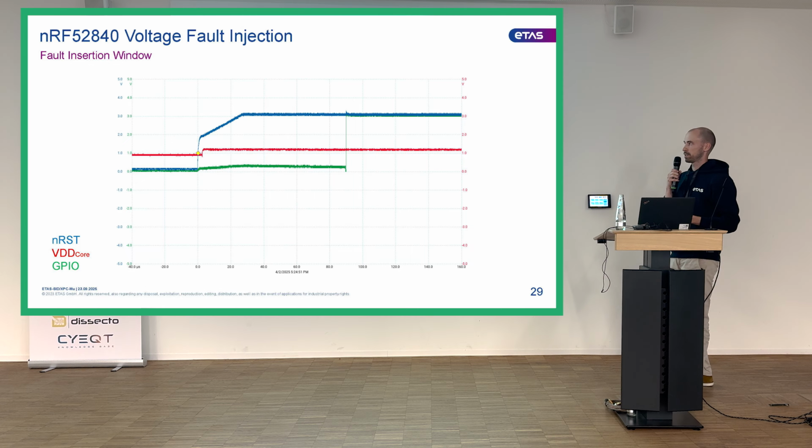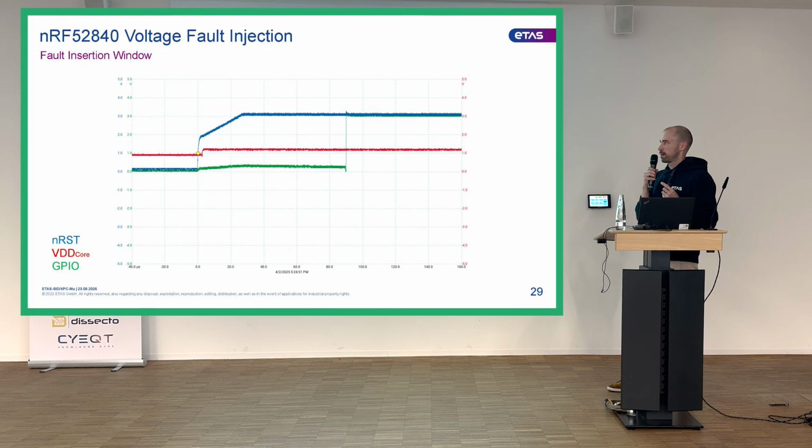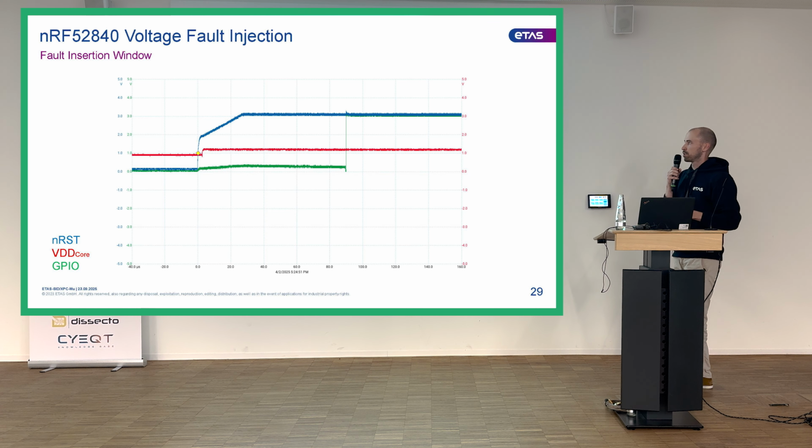And now what we want to do is pull the voltage that powers the core low to ground for a very short amount of time to manipulate this decision process by the device. So we have to find the specific point in time where it makes the decision to lock or unlock, and then pull the voltage low to try and convince it that it should unlock instead of locking.